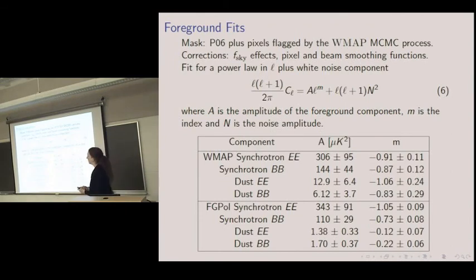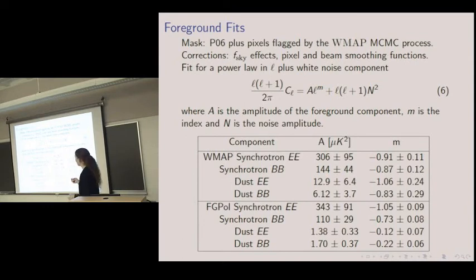So what we've also done is calculate foreground fits from the model. So what we did is, we fit the power spectrum for a power law in L plus the white noise component here. So A is the amplitude of the foreground component, and there's the index and N is the noise amplitude.